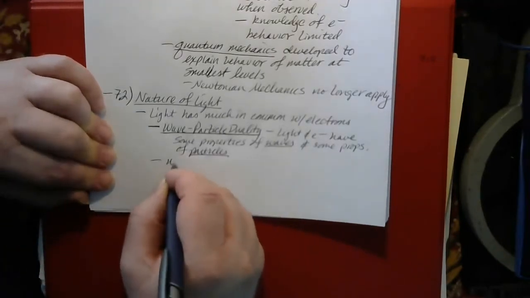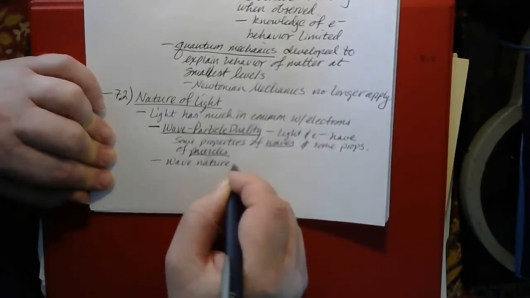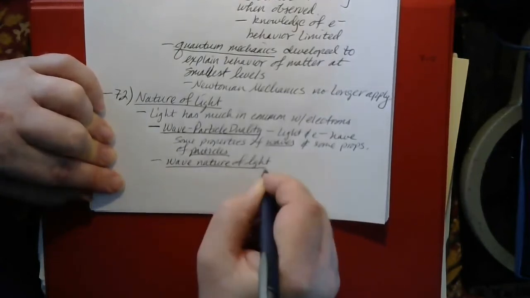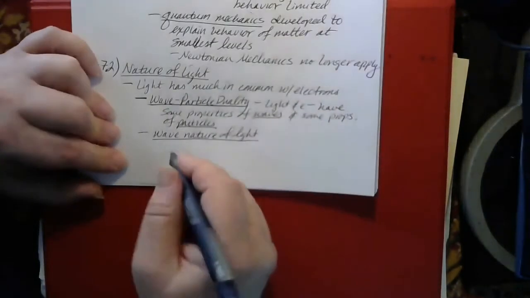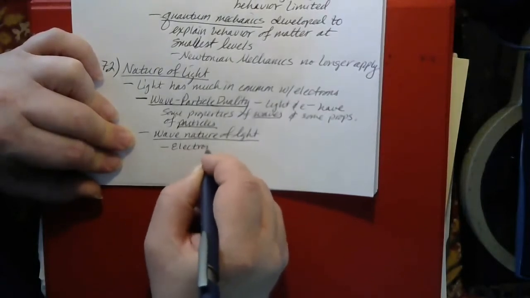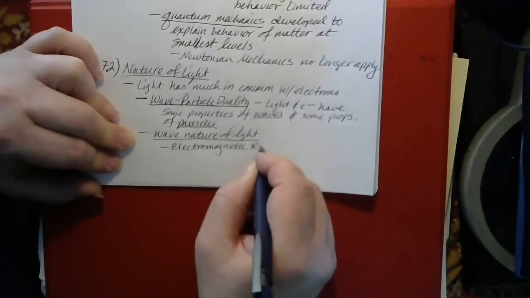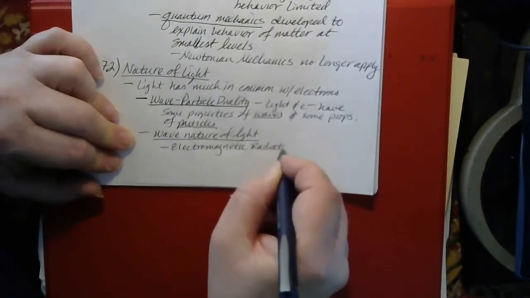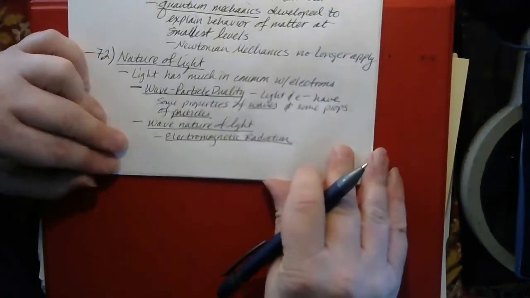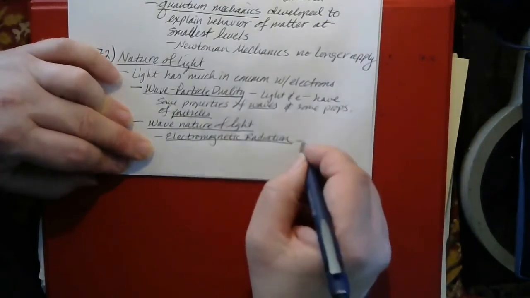Okay, so we'll look at the wave nature of light. Light is a form of electromagnetic radiation. And electromagnetic radiation is a type of energy that travels in waves.